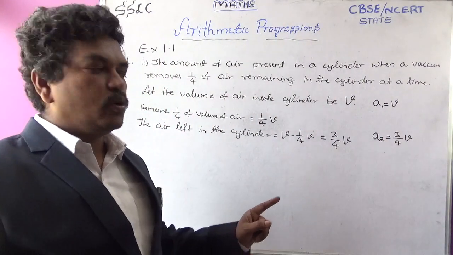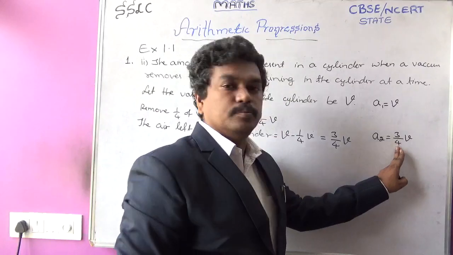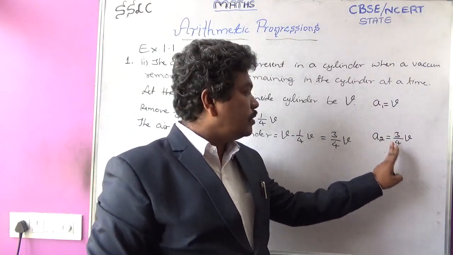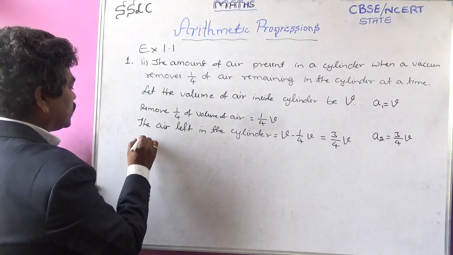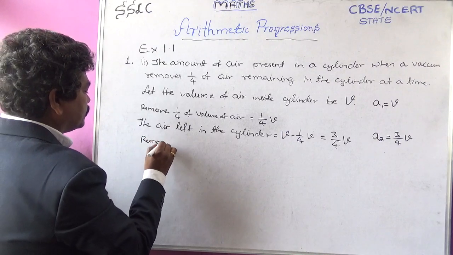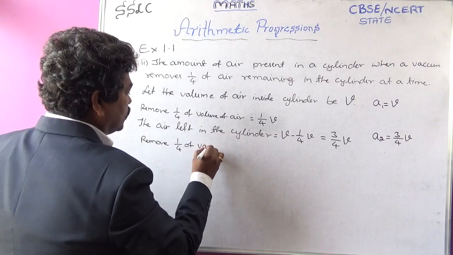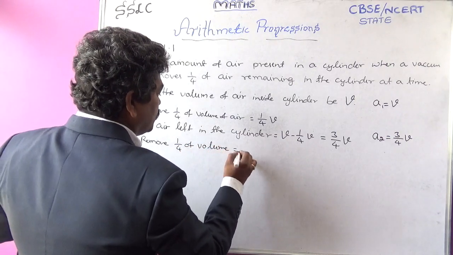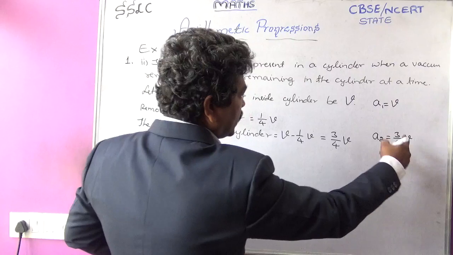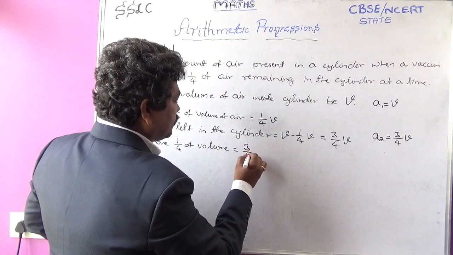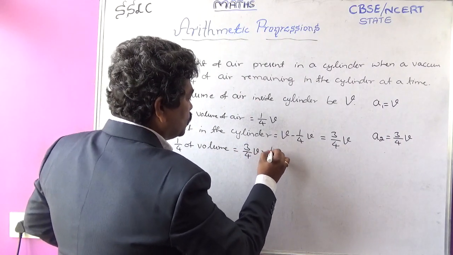Now we have to remove 1/4 of this volume. So what is the removal of air in the second time? Removal of 1/4 of the volume. We have to calculate 1/4 of this one. That means 3/4 V into 1/4.